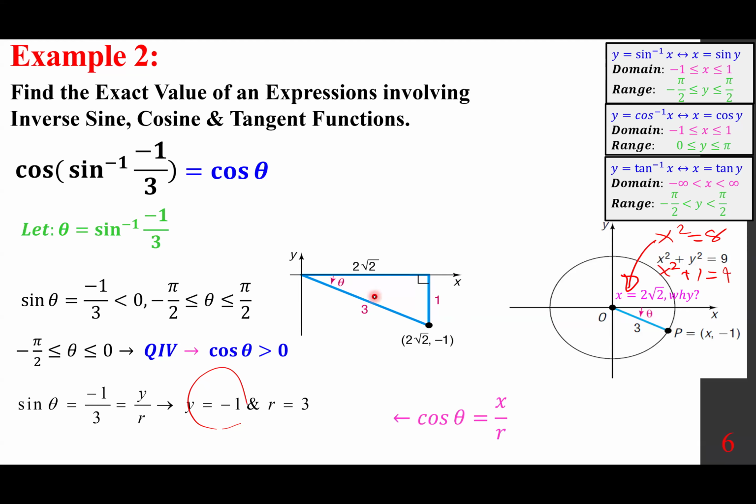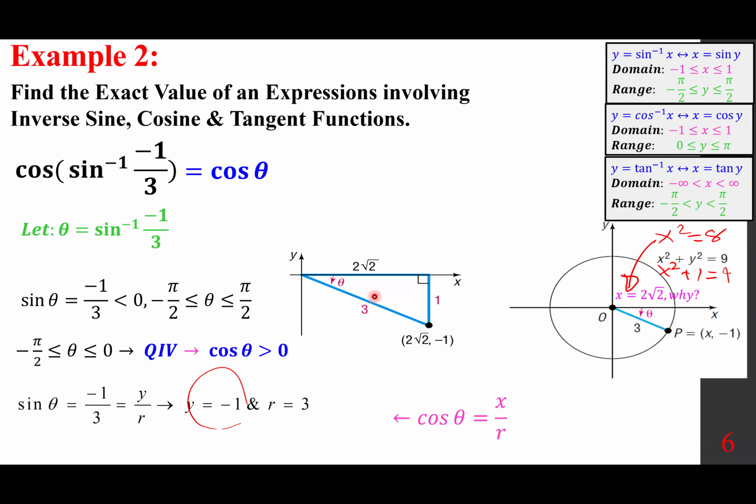Example 3, tan of cosine inverse of negative 1/3. So this represents some arc, for example, theta. That means we are looking for tan of theta. By the definition of an inverse function, if theta is cosine inverse of negative 1/3, then cosine of theta must be negative 1/3.